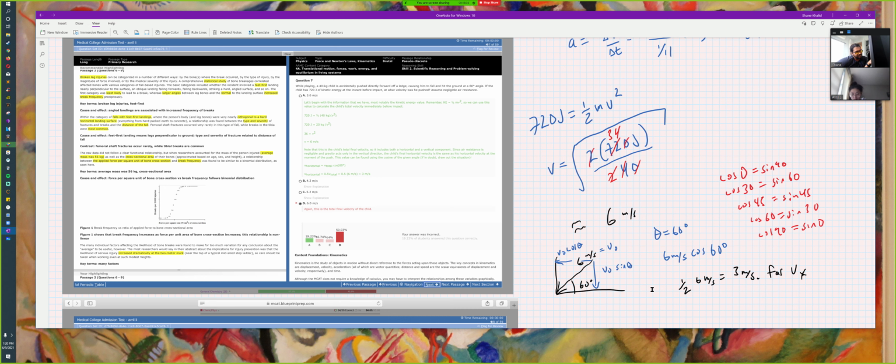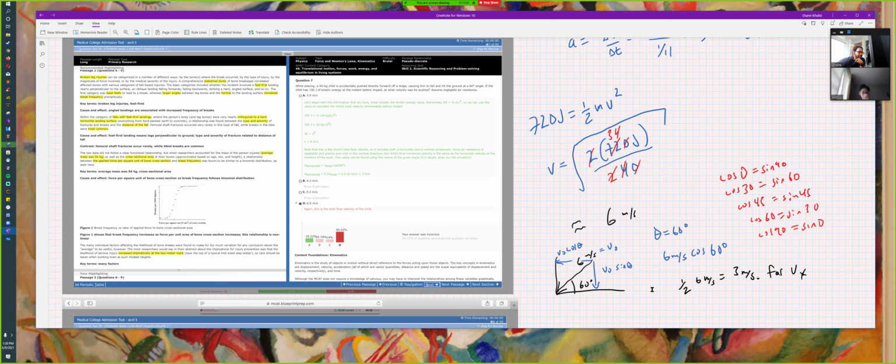Well, if it's horizontal and vertical, why is it not tangent? Because you're never going to have to deal with tangent, and tangent doesn't really exist.